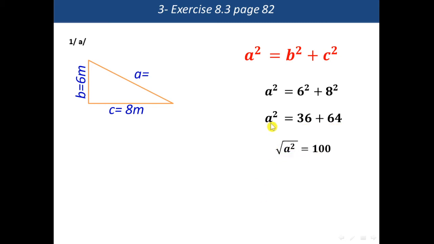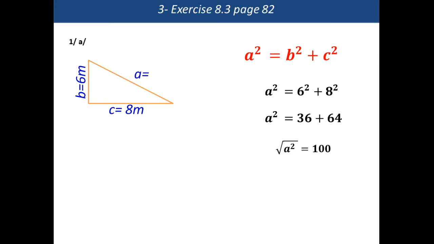But in the problem, I don't need the value of A square, I need the value of A. So I put A square under the square root. The square root of A square is what? A. But when I take the square root of A square, I also have to take the square root of 100. Why? Because in mathematics, if you have an equation, whatever you do on the left side, you have to do also on the right side. If you add 1 on the left side, you have to add 1 on the right side. If you subtract 50 from the left side, you have to subtract 50 also from the right side.